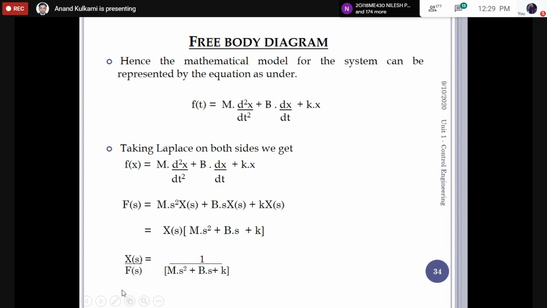Output is x here, input is force, output is displacement. I have taken F below, so this goes on this side and it becomes 1 upon. So X of s upon F of s is equal to 1 upon m s square plus b s plus k. This is the solution for this simple problem.